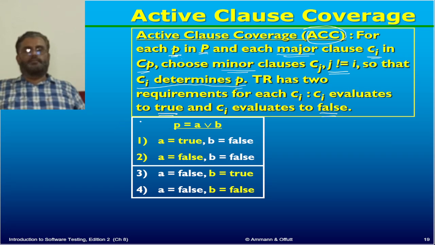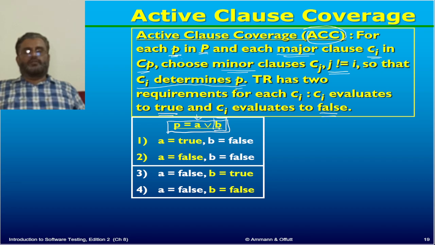So let's take an example on this simple predicate, which is A or B. And as you might remember, which I explained in the last video about short circuit evaluation, in that case we just need to have a look at the first operand of this OR. In this case, if we want to make A a determining class or the active class, then we just need to set the value of B to be false.